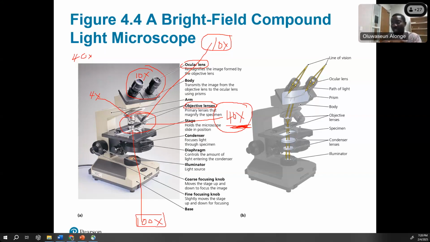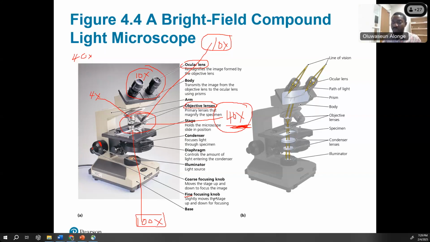Everything is still the same where they are located, but they just made it a little bit fancy. Now, this large one here, when you are moving it, it's not moving so smooth. But you notice that this one moves very smooth. The one that moves so smooth is called the fine adjustment knob.